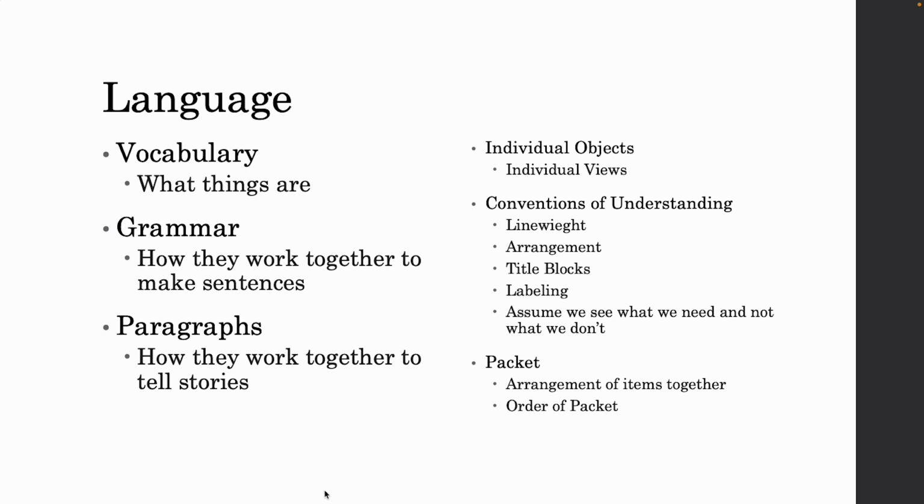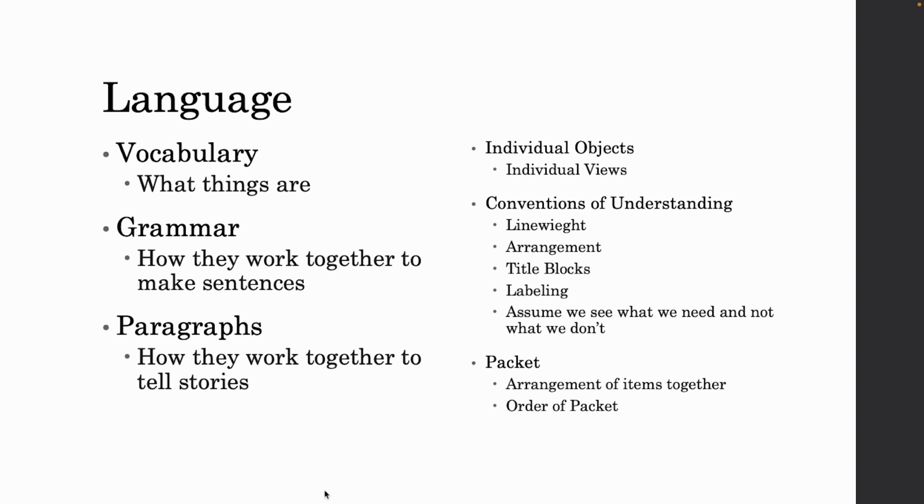Because of this, we assume that we see what we need and not what we don't need. So the way that we work through drafting means that when we're looking at physical drafted pieces, we're assuming that all of the information we need is right there. And if something is left out, it's because we don't need to know, and we can assume that it's the same.